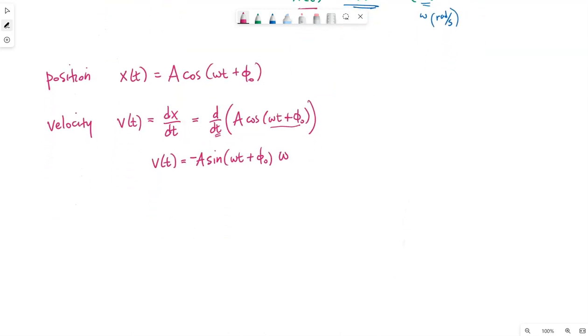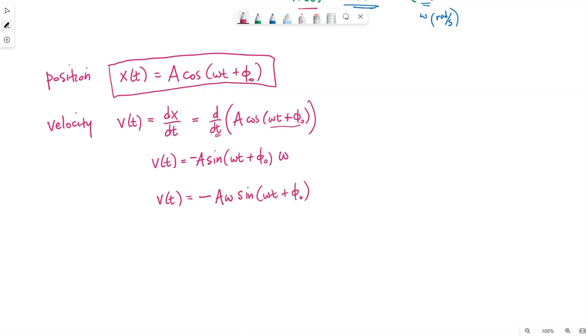This tells me that if my position equation is this cosine function, then my velocity equation is going to be, let me draw that better, A times omega, and then times the function of sine omega t plus phi naught. So omega is the same thing, phi naught is the same thing, A is the same thing. This would be the equation for the velocity as a function of time.